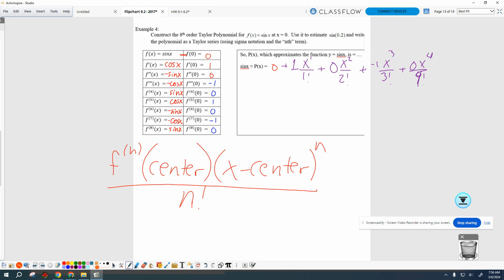Ooh, that's a 4. If you look, every other derivative evaluated at the center became 0. So all those even terms go away.